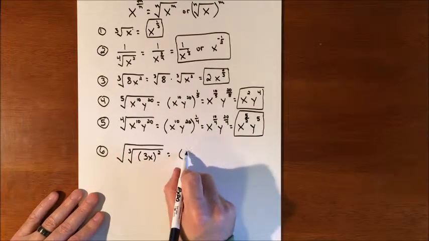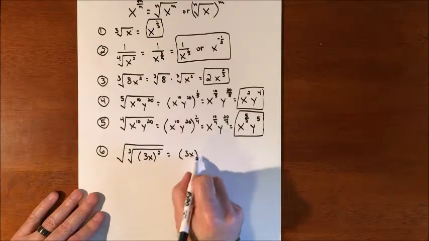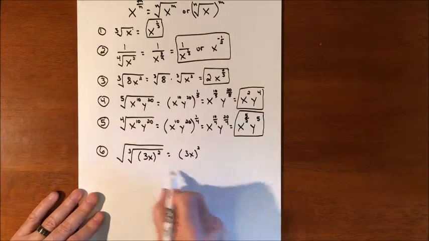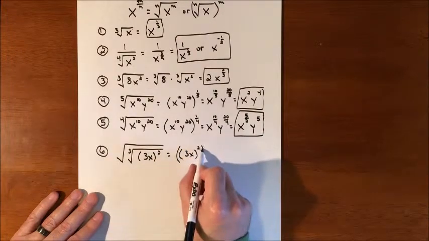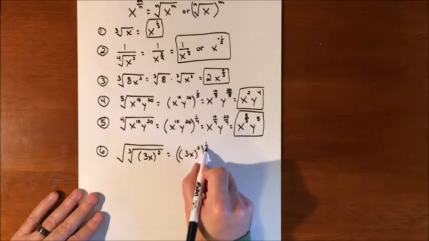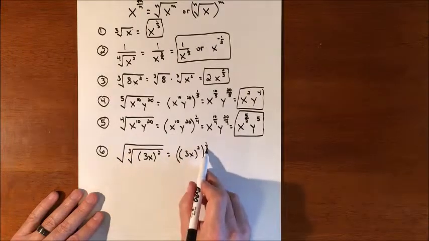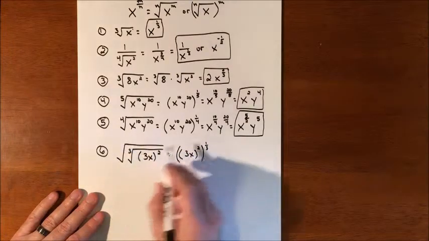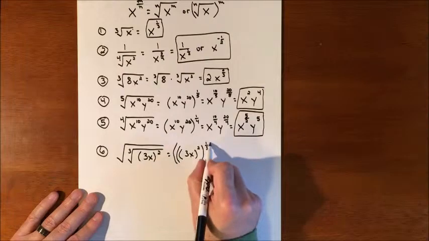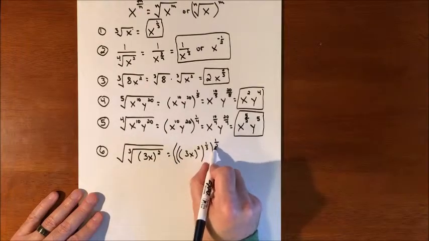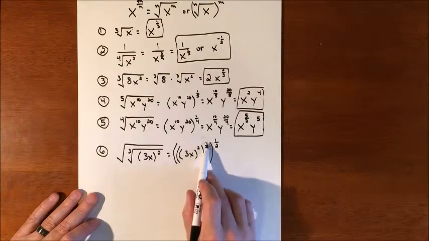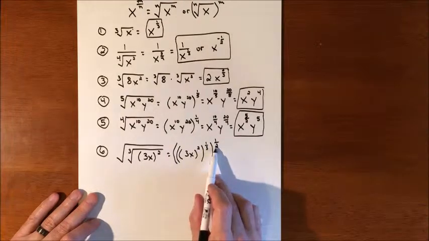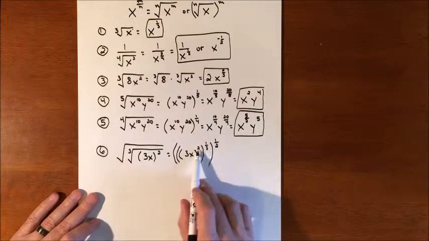First off, we have 3x squared. And then we have the cube root of that. So we're going to put another set of parentheses, and that's a 1/3 power. Cube root is equivalent to a 1/3 power. Then you have the square root. So you have this piece being squared, raised to the 1/3 power, raised to the 1/2 power, but all of these powers are powers raised to powers, so they all just multiply together.